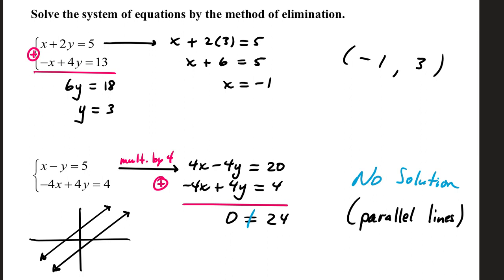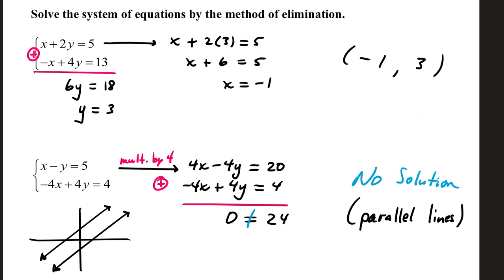We now have x plus 2 times 3 equals 5. We make the substitution. x plus 6 equals 5, so x has to be negative 1, and that finishes our intersection point. These two equations are happy when x is negative 1 and y equals 3. No other point will satisfy both equations.